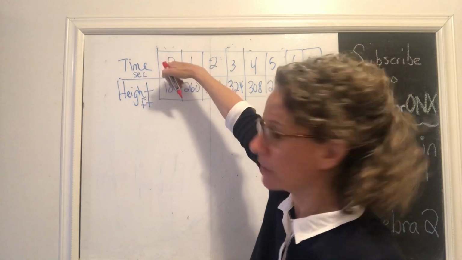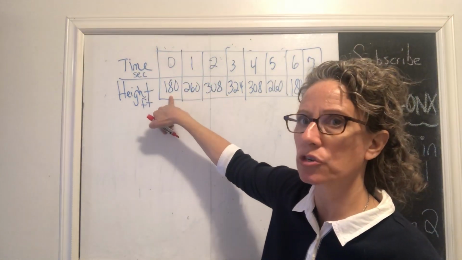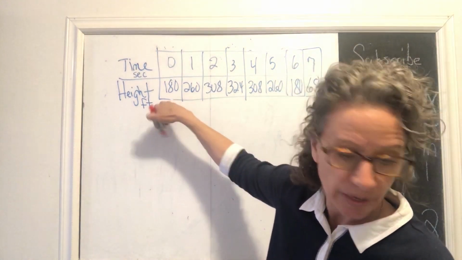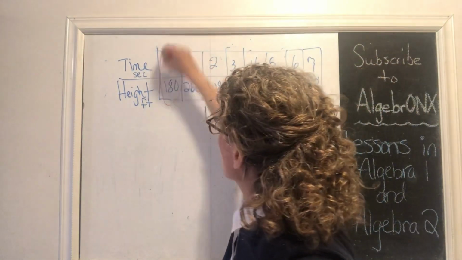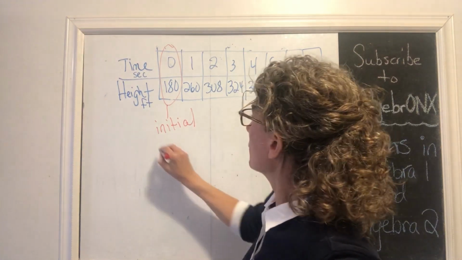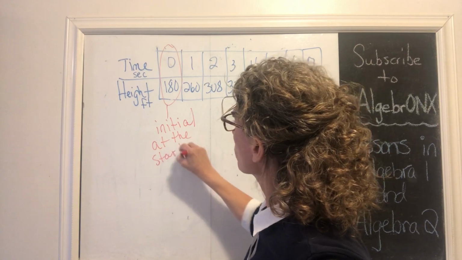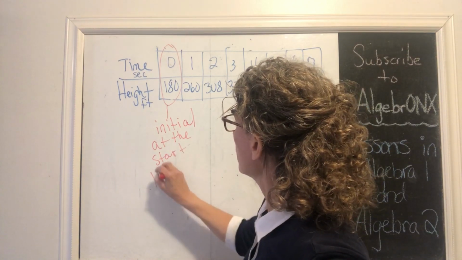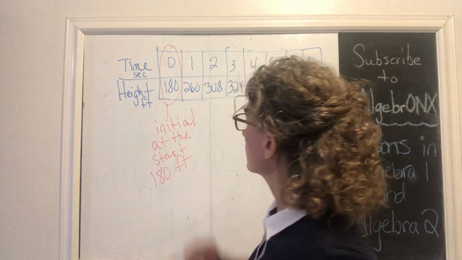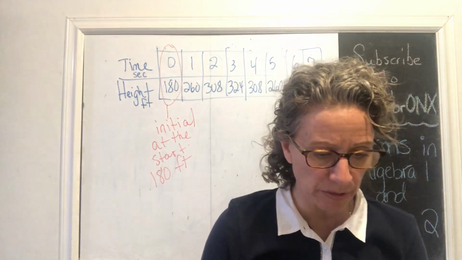Before it started, the height of the rocket was 180 feet. Okay, so this is an initial. At the start, the rocket was 180 feet up in the air. So it started up at 180 feet.